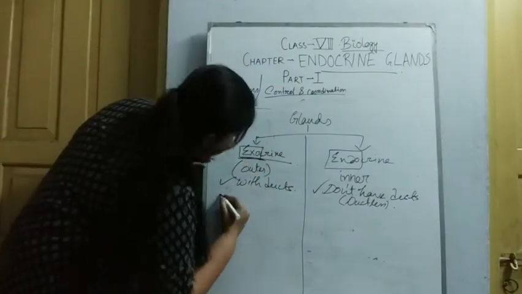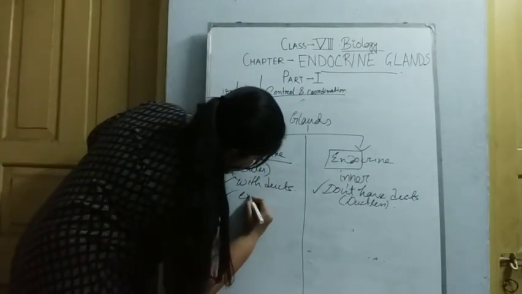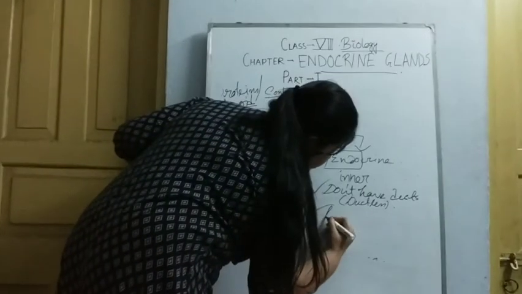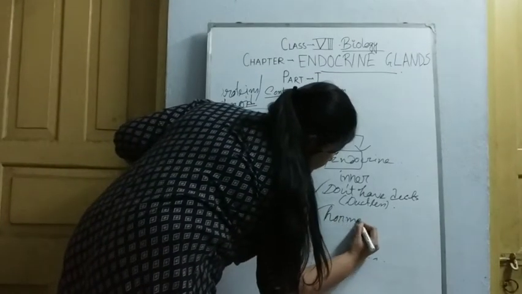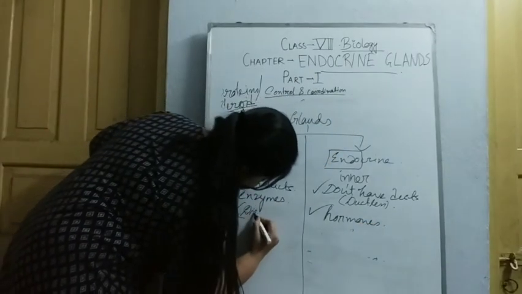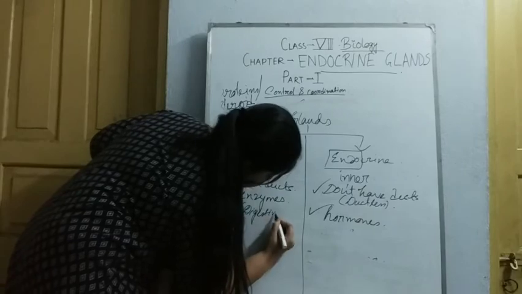Secondly, the exocrine glands produce enzymes and the endocrine glands produce hormones. The enzymes are mainly used for the digestive system, the digestive enzymes.